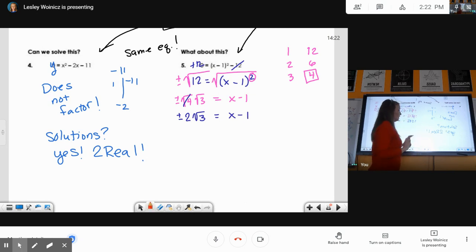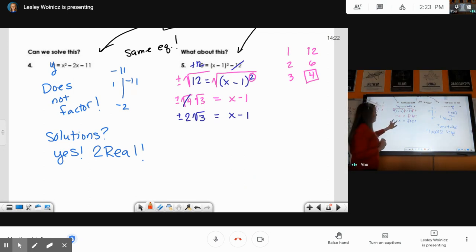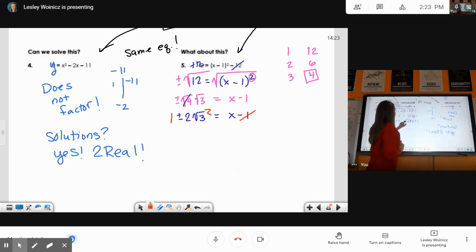Now I want the x alone, so I have to get rid of that negative 1. I'm going to move the negative 1 to the other side where it turns positive. And that, my friends, is my solution set. Notice they're real, but they're real nasty. Real and nasty.